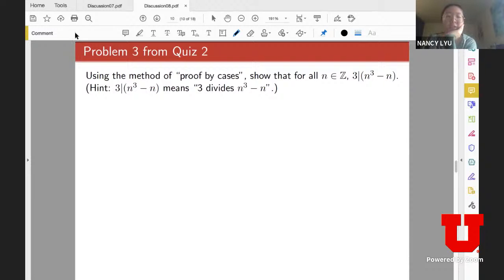So what we're trying to use here is the division theorem. Either n must be 3k or 3k plus 1 or 3k plus 2.